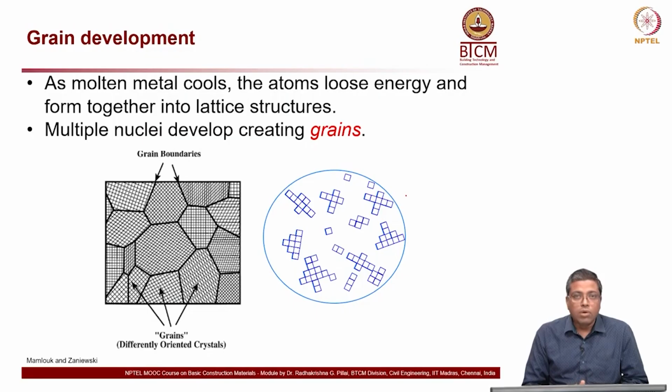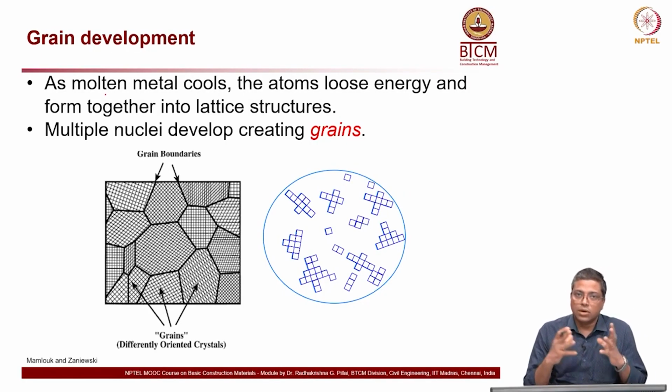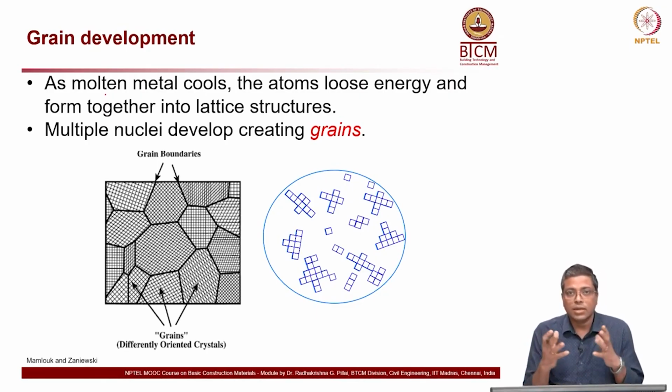Now, how are these grains formed when we make the metals? These are typically the nature of the metals. So, how do we make metal? We take raw material, we melt it and then cool it, and the cooling is done in different ways, like the rate of cooling could be different.